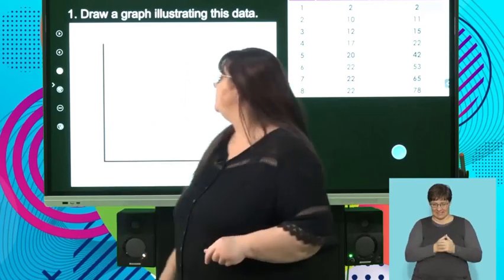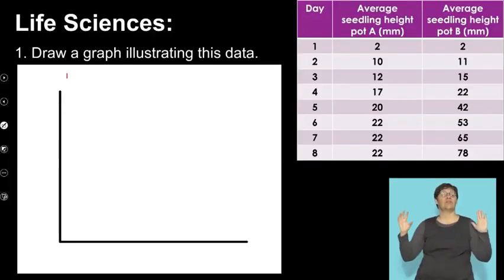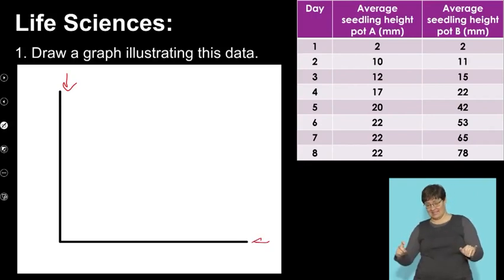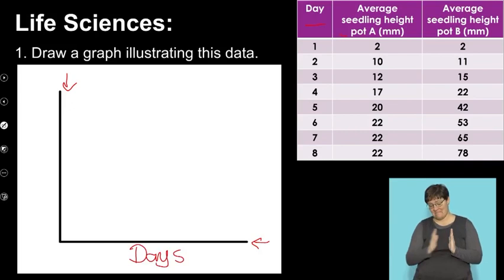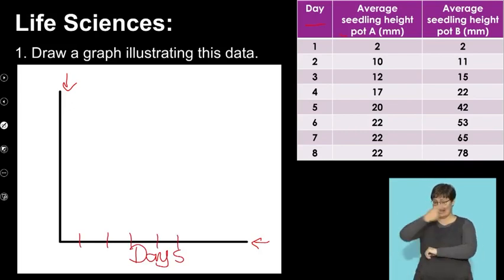So we start off drawing our graph with two axes, the y-axis and the x-axis. We're going to have to allocate our variables to the two axes. Remember that we are controlling time, so your days are going to be on the x-axis.